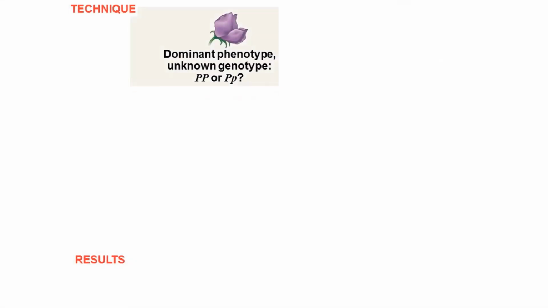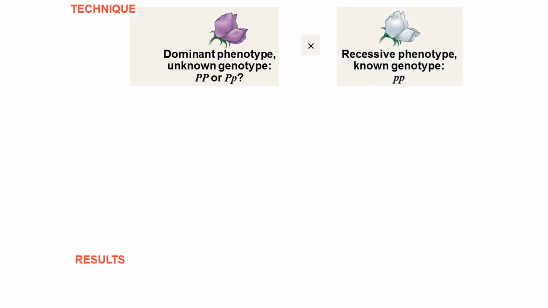A plant with a dominant phenotype, as you can see, for example, in this diagram, a plant with purple flower, you don't know whether the plant is homozygous dominant or heterozygous. So for this purpose, you need to cross the plant with a homozygous recessive individual that has white flower. So there are two possible outcomes.